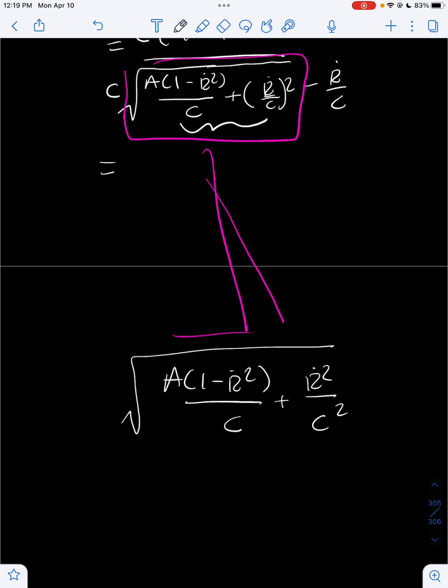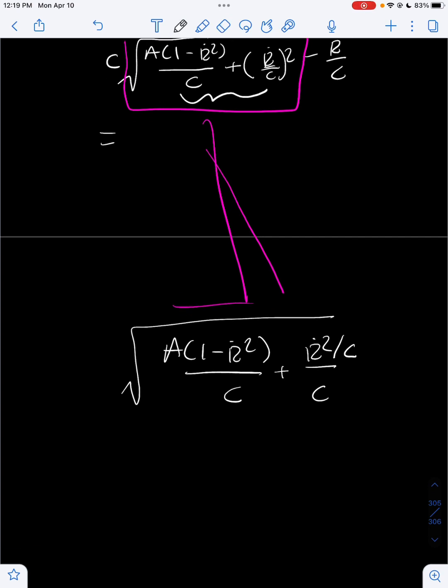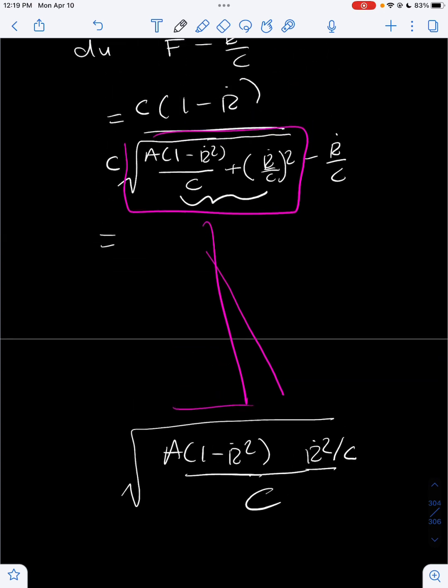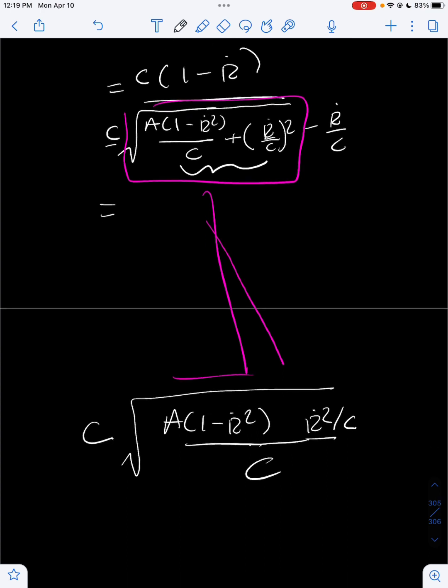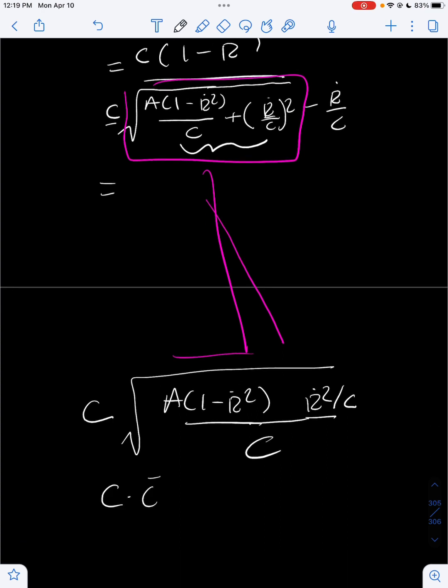So that's the same thing as r dot squared over c squared. We can look at it like r dot squared divided by c. Now we can put this under one denominator, and since we have the c in front, we have c times c to the minus 1/2, which is just c to the 1/2.